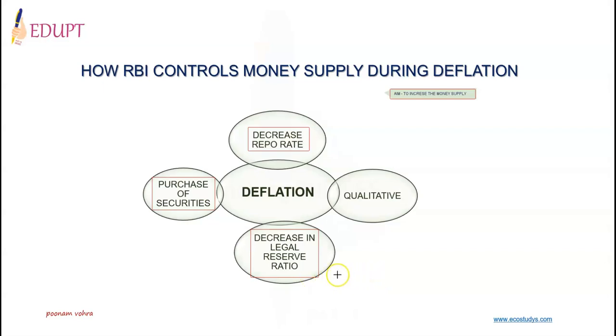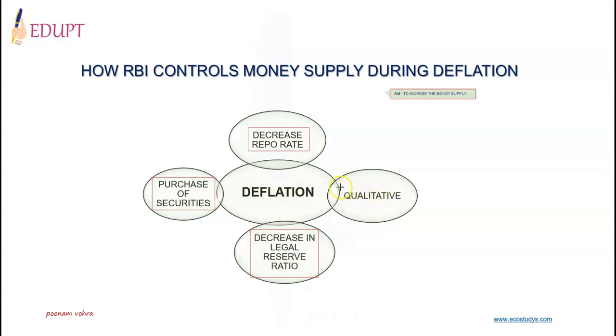It implies that less amount needs to be kept as reserves with Reserve Bank of India as well as with themselves. By doing so, the commercial banks will be in a position to lend more money to the borrowers.